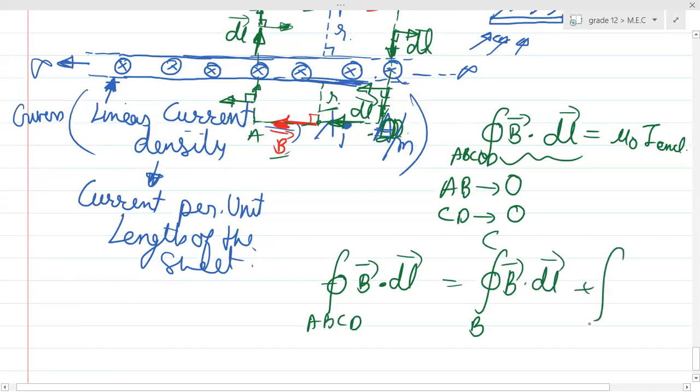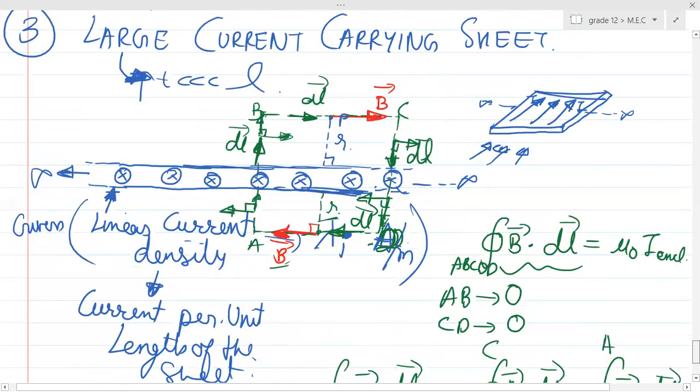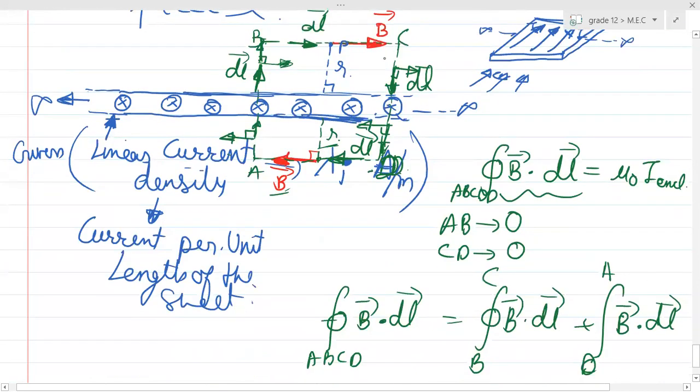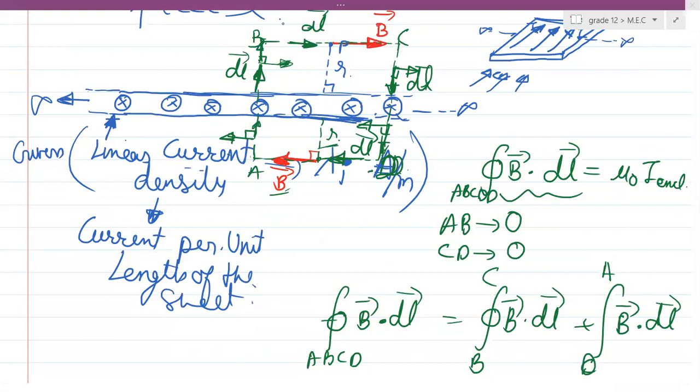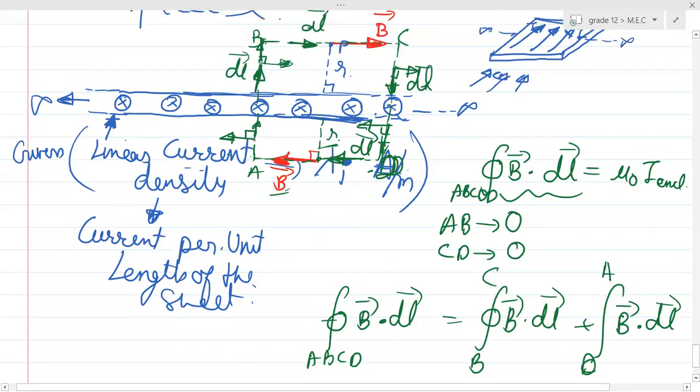and from D to A. So could you explain how B will be perpendicular to dl on AB and CD? Look, at this point also the magnetic field will be like this. Can you see? It is down the sheet.